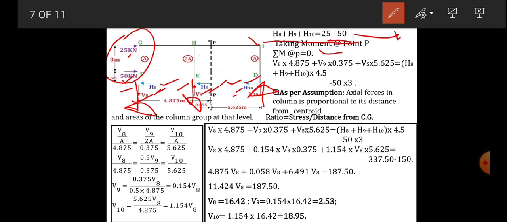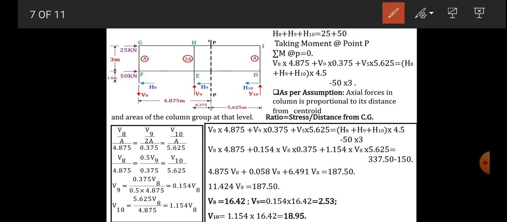Now take a moment about P. First is V8, and the distance is 4.875. It will rotate about P in an anticlockwise sense, so that's why positive.